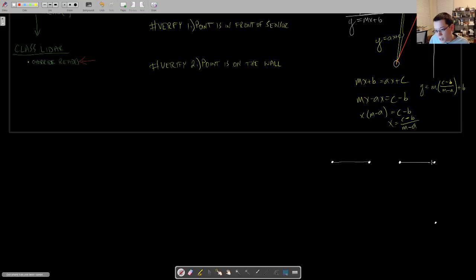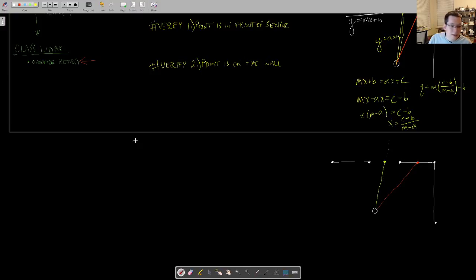Line segment there, line segment there, line segment here, and I have the start and end points, and then I have the robot, and I have my rays that I'm casting. And I want that to keep going.